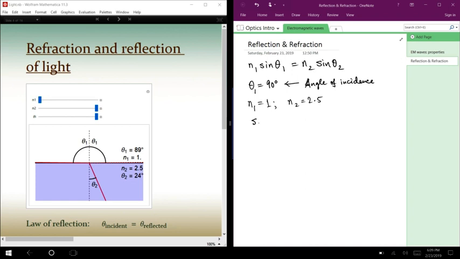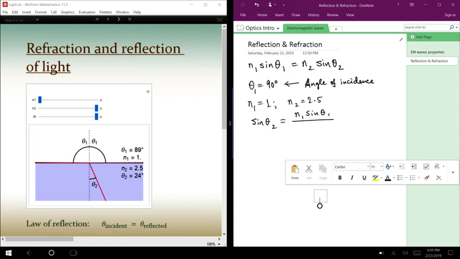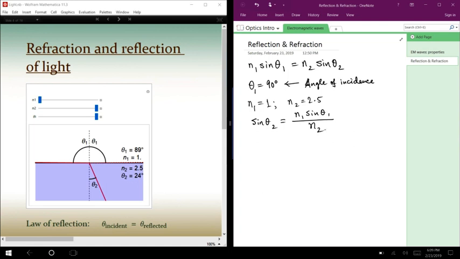So that will tell us the sine of theta 2 is equal to n1 sine theta 1 over n2. And so this is going to be equal to, remember theta 1 is 90 degrees, so sine of theta 1 is 1, n1 is also 1, so this is just going to be 1 over 2.5.